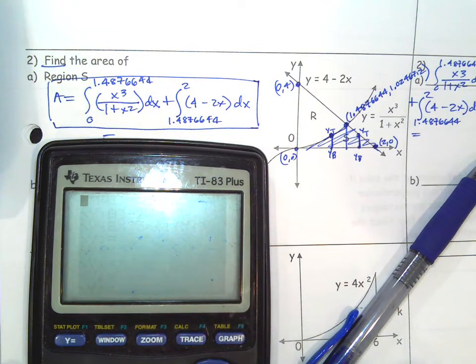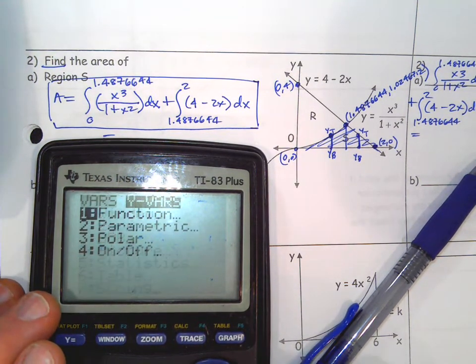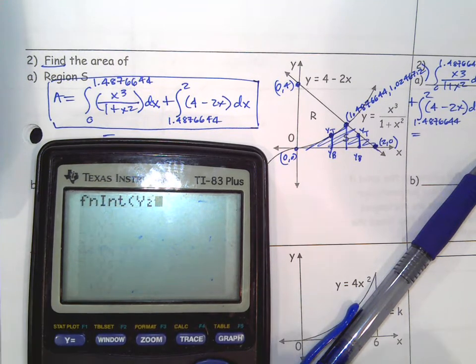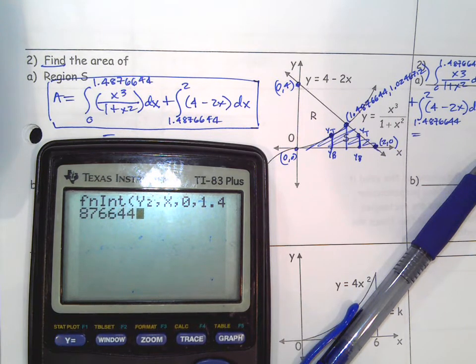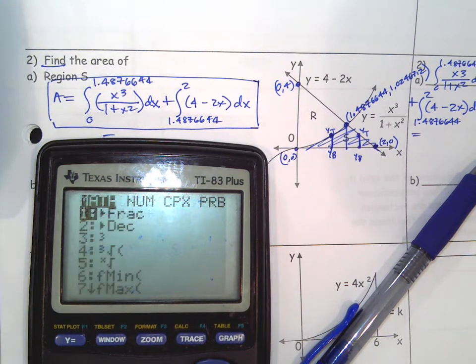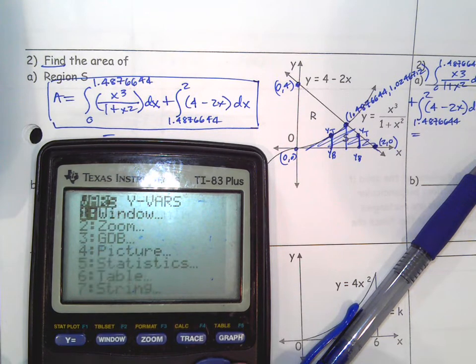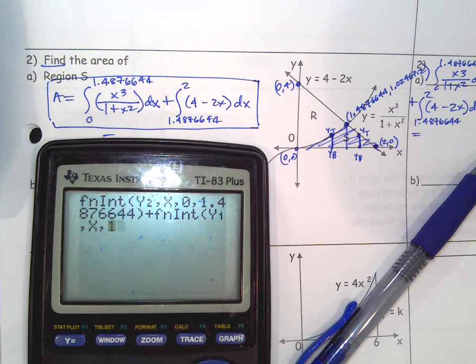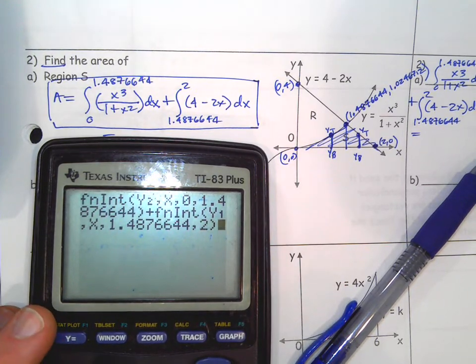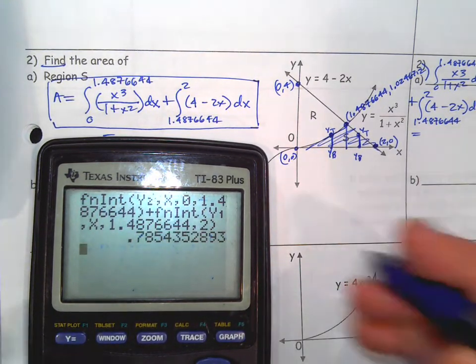On this screen, I could do math 9, vars, Y vars, function, Y2, comma x, comma 0, comma 1.48766644, plus math 9, vars, Y vars, function, Y1, comma x, comma 1.48766644, comma 2. And this should give us the answer.